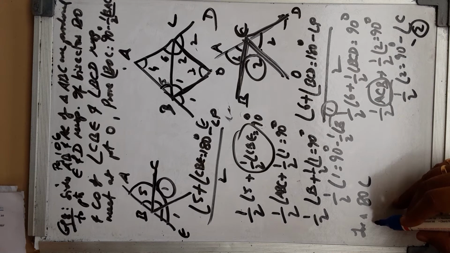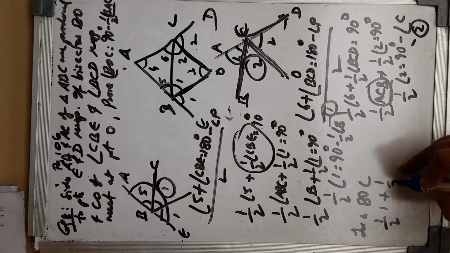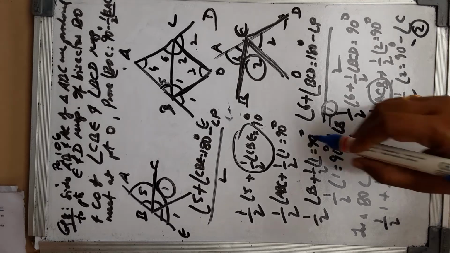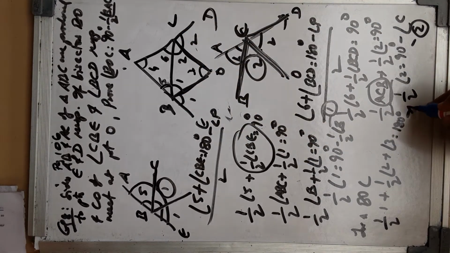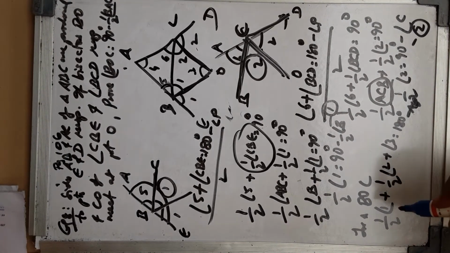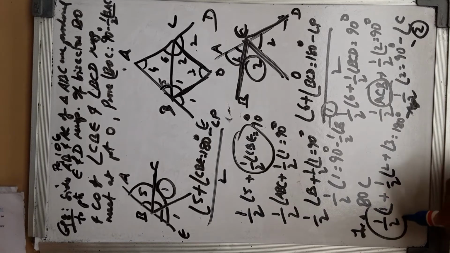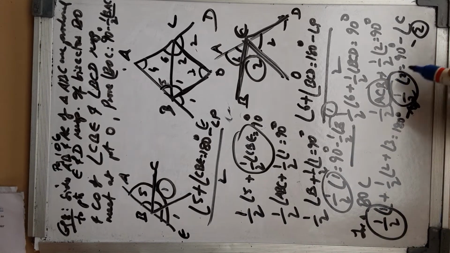I have half of 1 plus half of 2 plus angle 3 is 180 degrees by angle sum property. I have values of half of angle 1 equal to this and half of angle 2 equal to this.